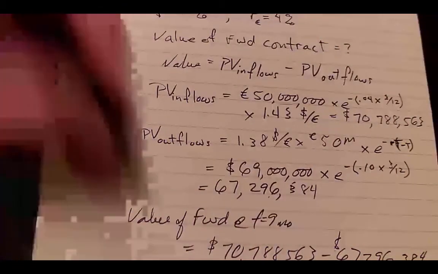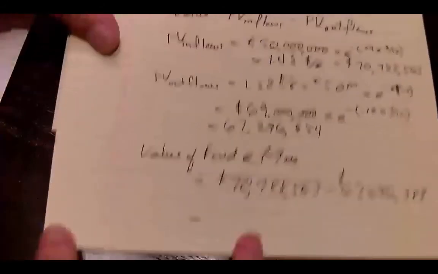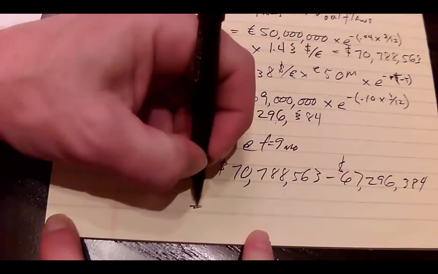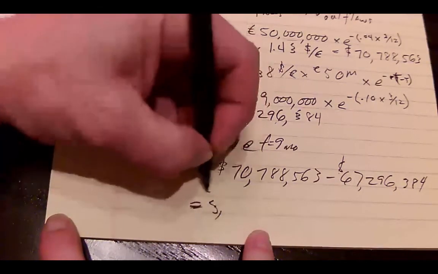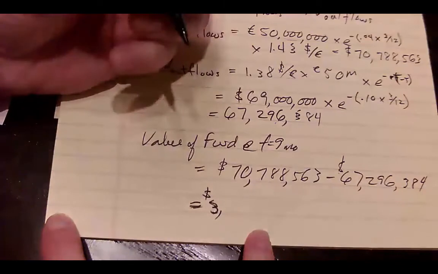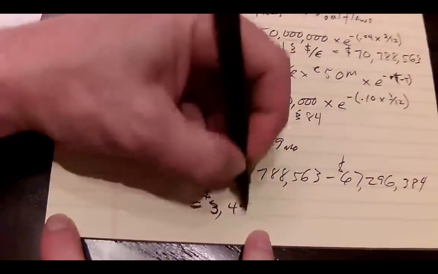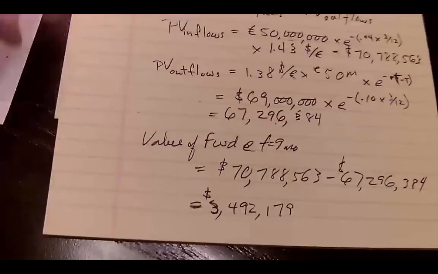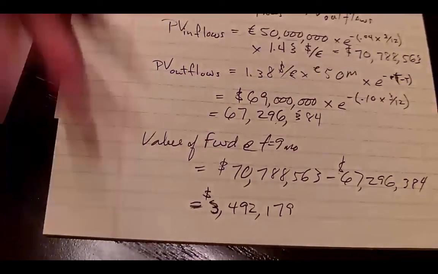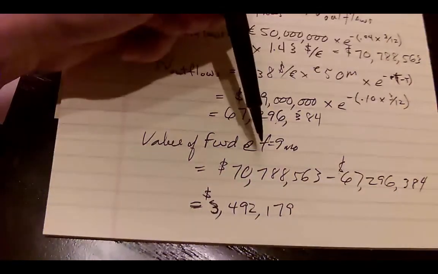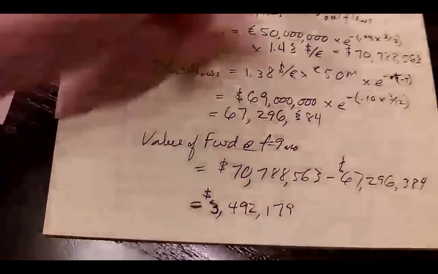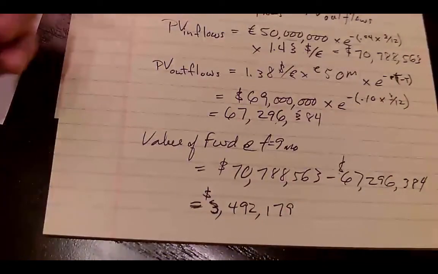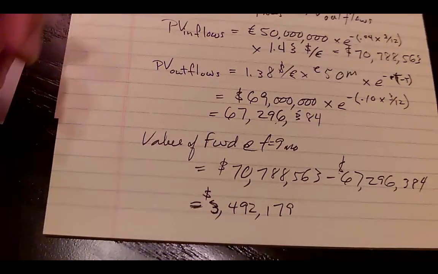If you do that, you get $3,492,179. So that's what the contract is worth, and it could be negative. If the present value of outflows were more than inflows, this would have been a negative value. But in this case, what you're receiving, the euros, has a larger present value than what you're paying, the dollars. So the contract's worth almost $3.5 million.